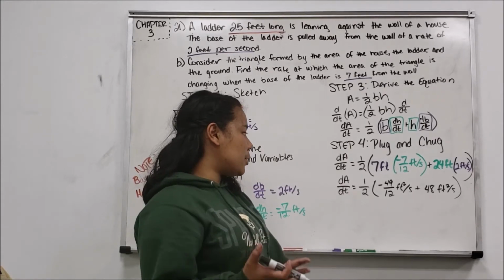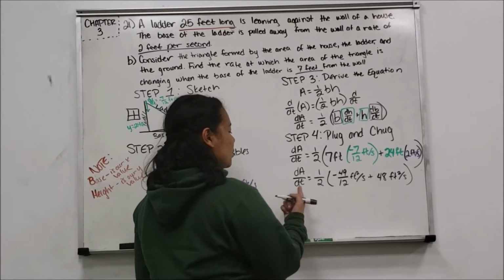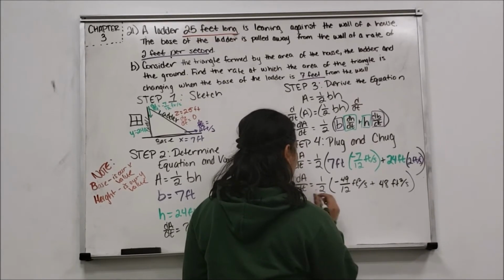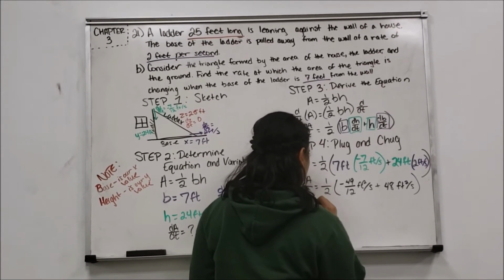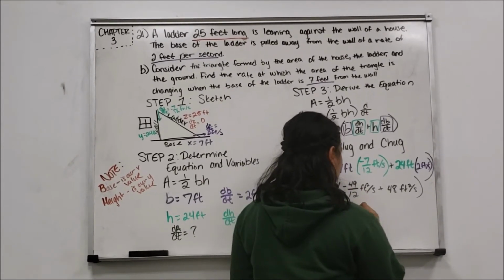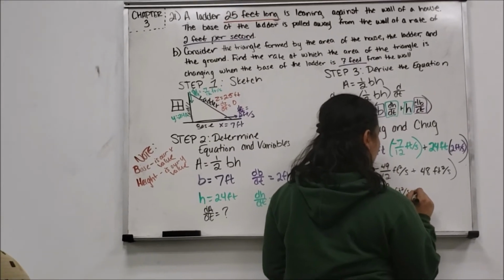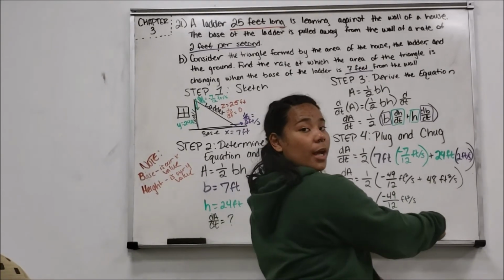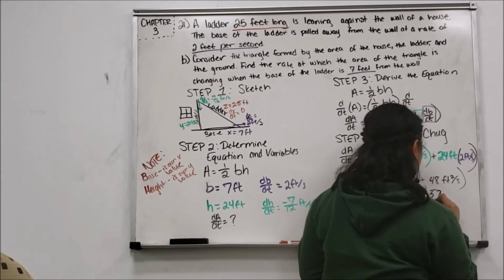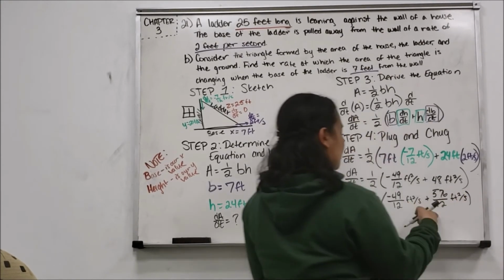And now what I'm going to do is make it so they have the same denominator. So we keep dA dt the same, equals 1/2, and keep -49 over 12 feet squared per second the same as well. We're going to multiply the top of 48 by 12 so we can have a bottom of 12 as well, and we'll get 576 over 12 feet squared per second. That way we can add these with no problem.